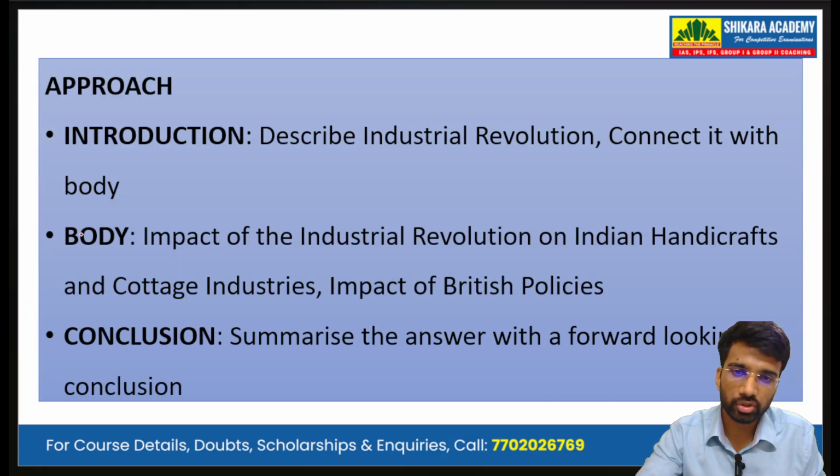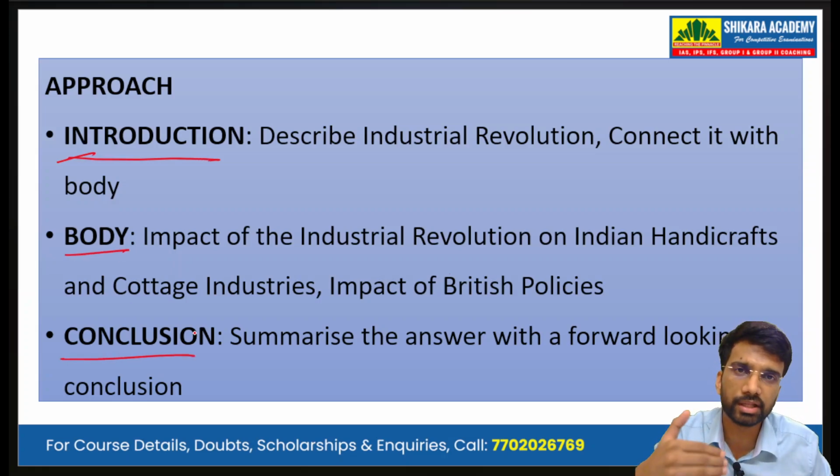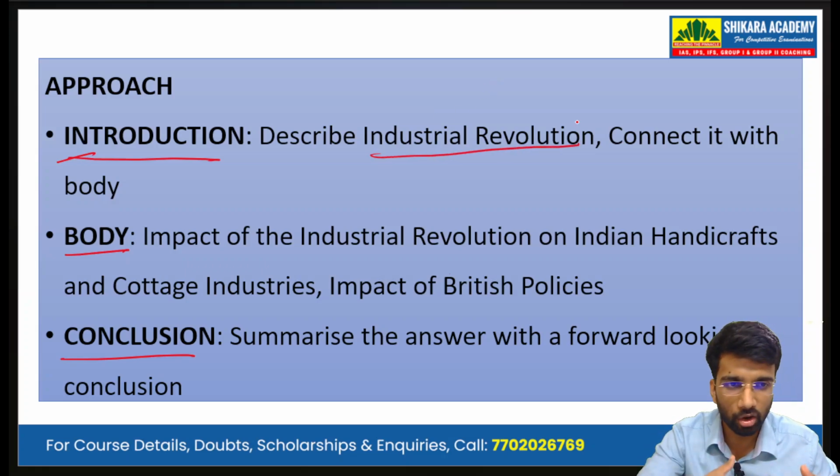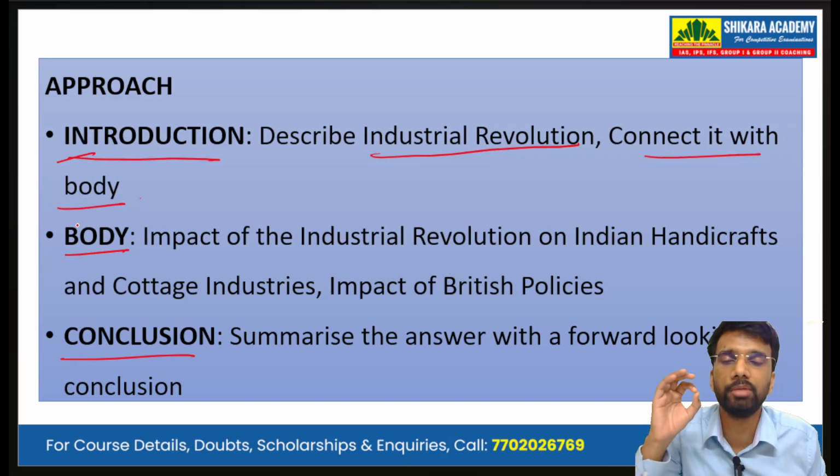Taking a look at the approach, we will be doing the IBC approach: introduction, body, conclusion. In the introduction, we describe the Industrial Revolution and give the timeline, and in the second line we connect the introduction with the body.